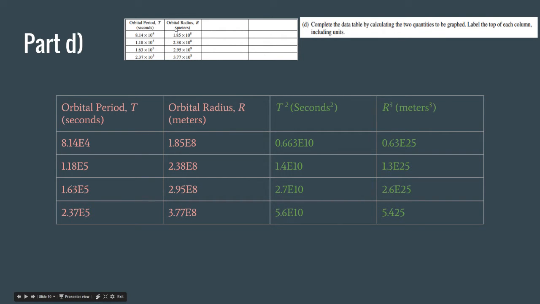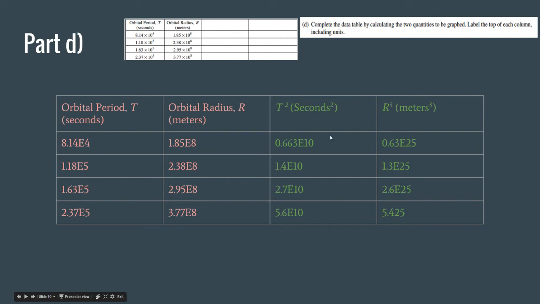Then in your next two lists, you make one the period squared, so if your first list was L1, you just say L1 squared for the entire list, and it automatically fills it out. You do the same thing with L2 cubed, and these are the values you would get the t squared versus r cubed way.